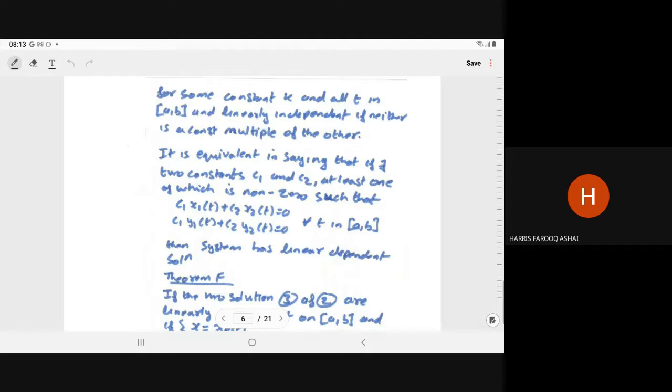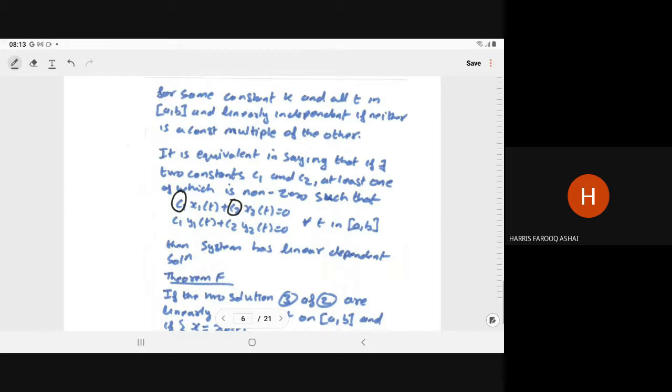So for some constant k and all t in (a, b), linearly independent if neither is a constant multiple of the other. It is equivalent to saying that if there exist two constants c1, c2, at least one of which is non-zero, such that c1 x1 + c2 x2 = 0 and c1 y1 + c2 y2 = 0, then we say the system is linearly dependent.